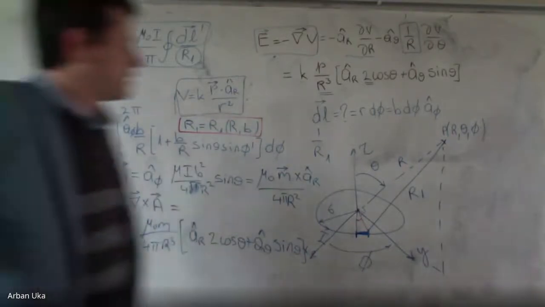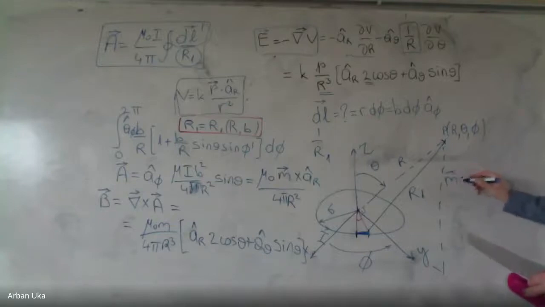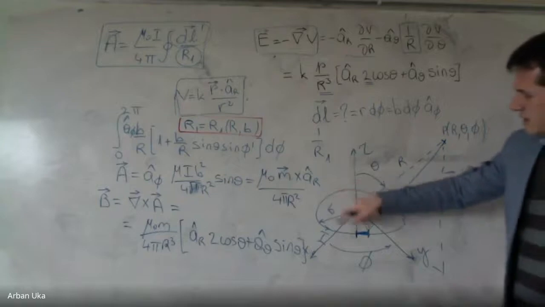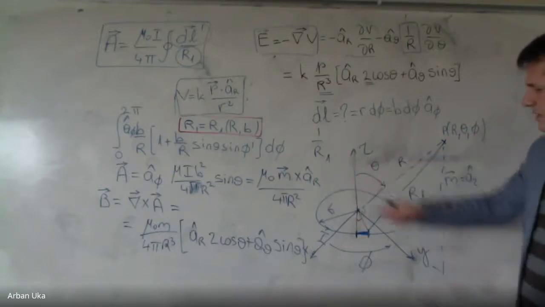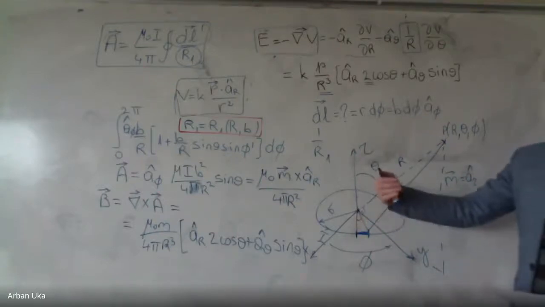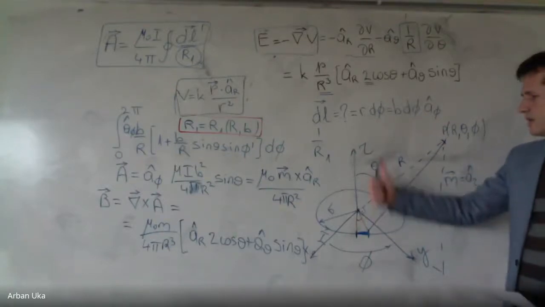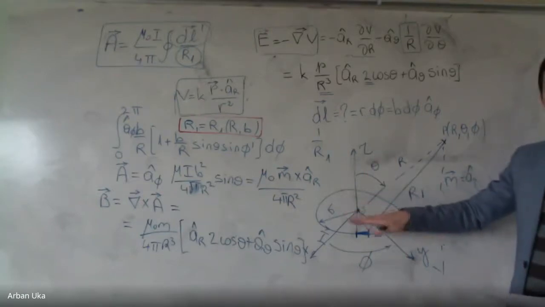Now, what we need to make clear here is we need to define what is the magnetic moment m. This magnetic moment m is a vector in the direction of a z. We call this a z because if the current is flowing in this loop in this direction, we use the right-hand rule, and if the current is flowing in the direction of our fingers, it's like defining the vector for a surface area.